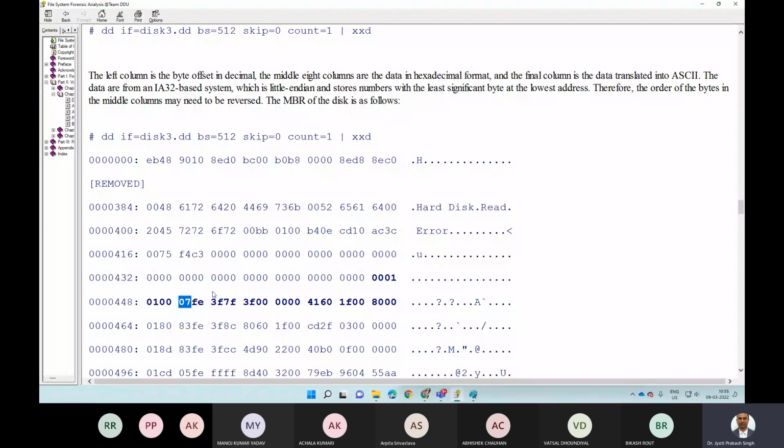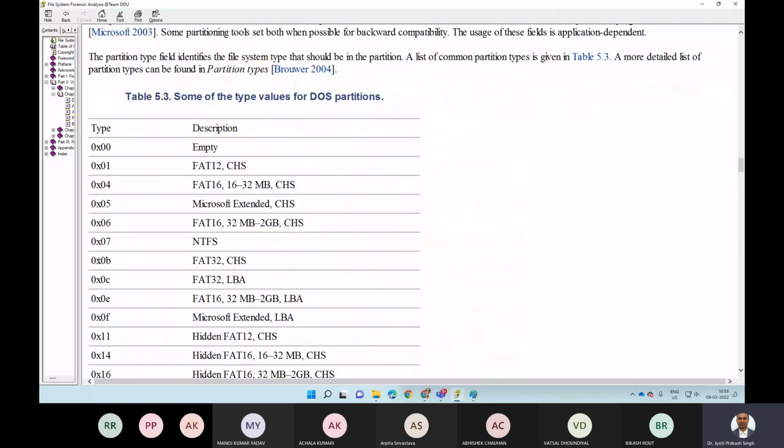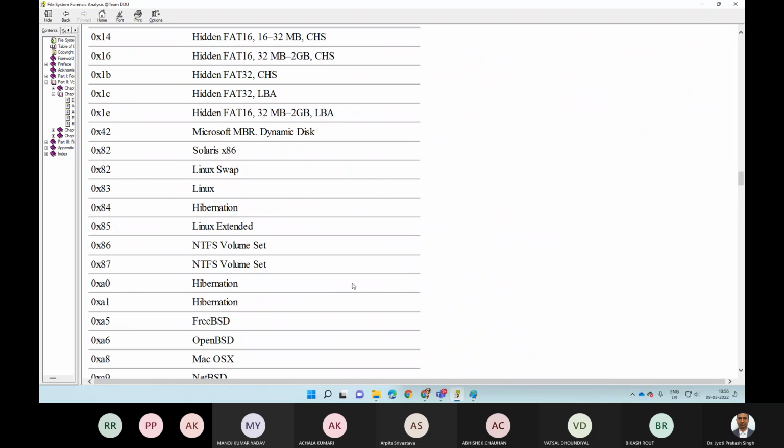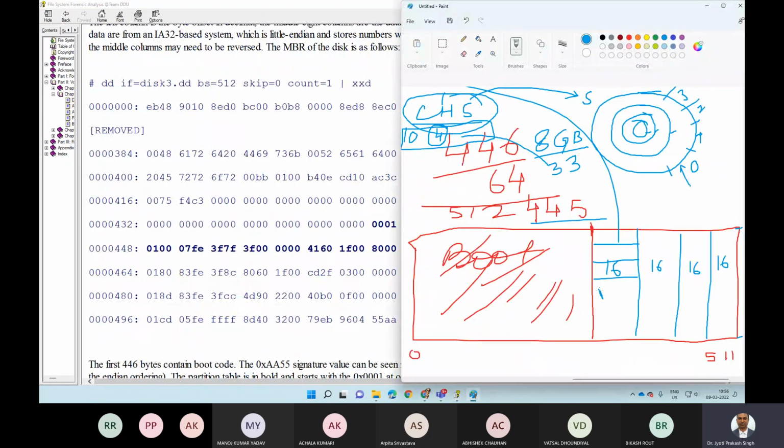If you see here, this is the partition type table available for reference, and we can see that 07 is basically an NTFS partition. So it is clear that the first partition in this disk is NTFS. In fact, this is not the partition itself, just a representation of it. Wherever this partition is used, it will be an NTFS partition.